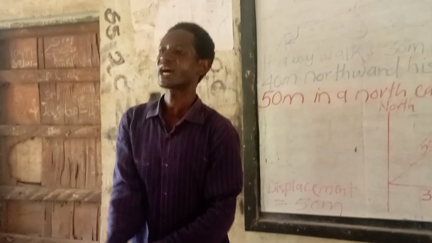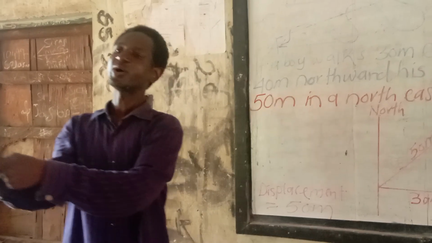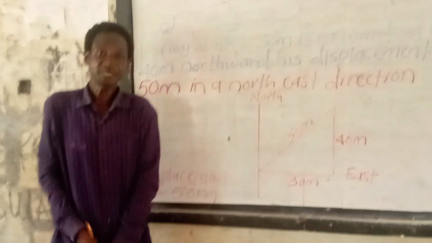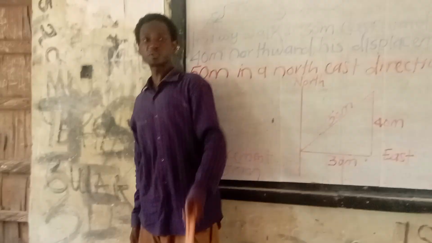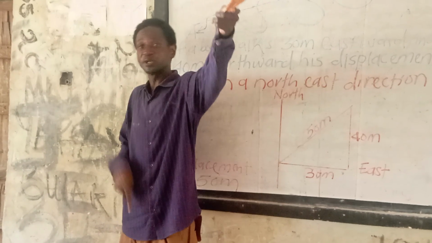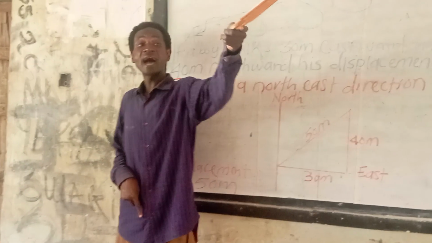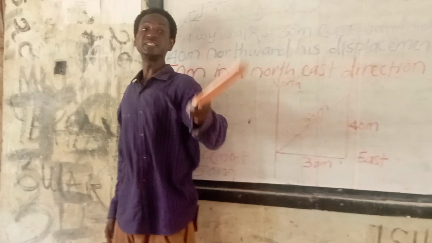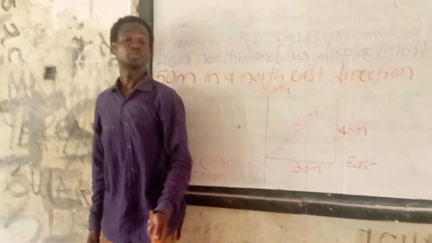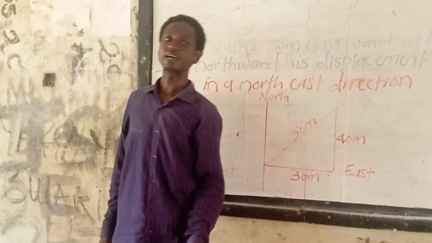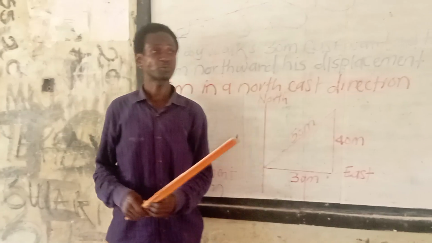If the boy travels 30 meters eastwards and then turns to the north and travels 40 meters, and I measure from the starting position to where he is, I get 50 meters in the northeast direction. So the displacement of the boy is 50 meters in the northeast direction.